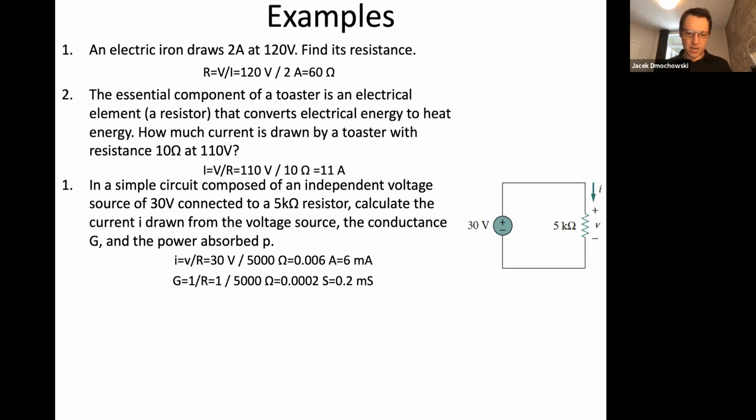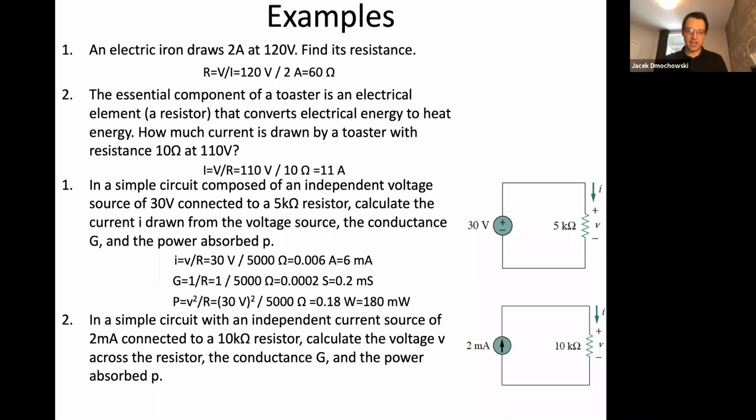So I have to square the voltage. So that's 900 divided by 5,000. So it's 180 milliwatts, right? So that's 18/100 or 180 milliwatts. So remember, know your prefixes. I hate to see people lose marks because they couldn't convert from watts to milliwatts.